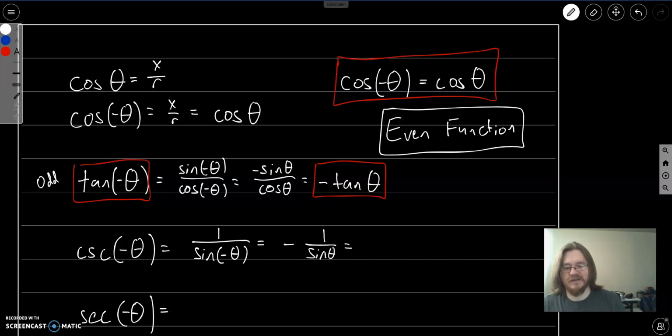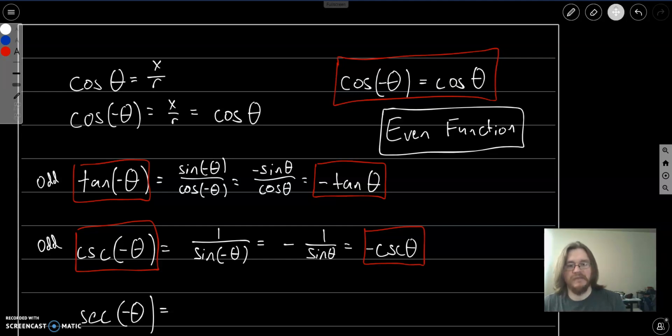And 1 over sine is the cosecant. So cosecant of negative theta is negative cosecant of theta. You can pull a negative sign out of the cosecant. So this is also an odd function.